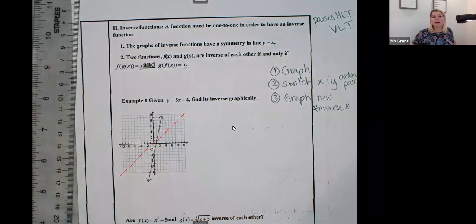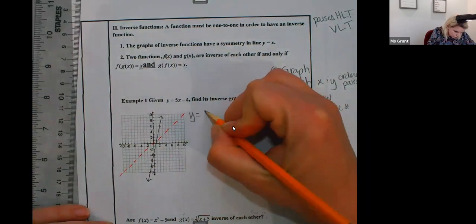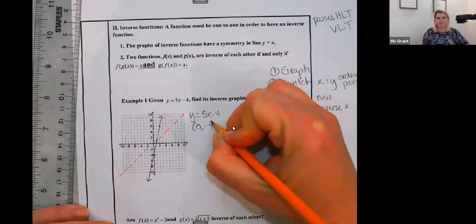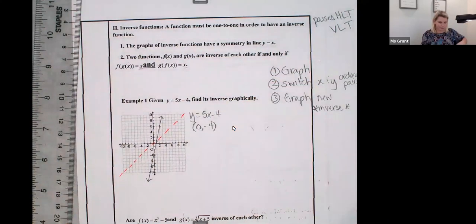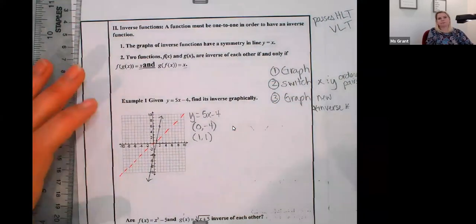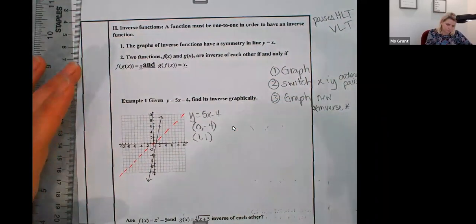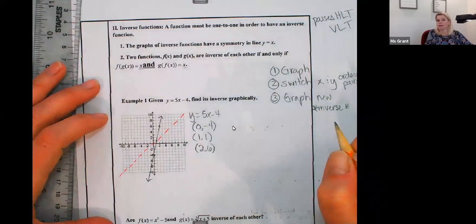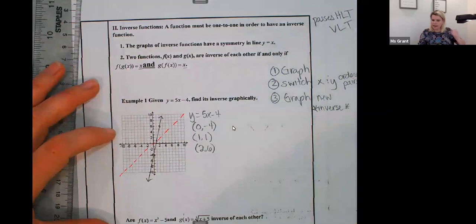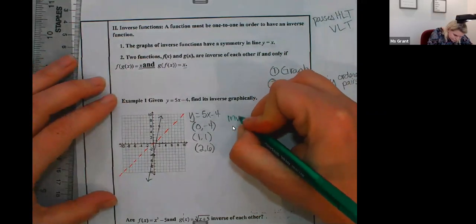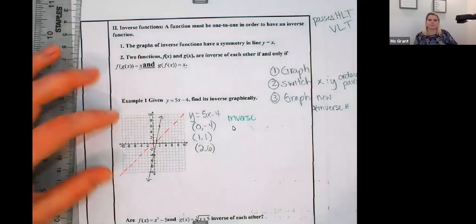Okay. I'm going to make note of what my ordered pairs are. 0, negative 4, right? That's my y-intercept. 1, 1. That's good. 2, 6. Now, my inverse, I'm going to make in green.